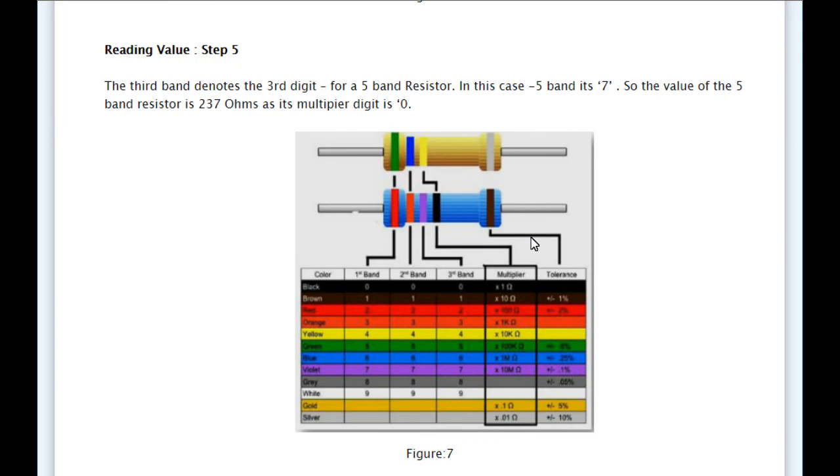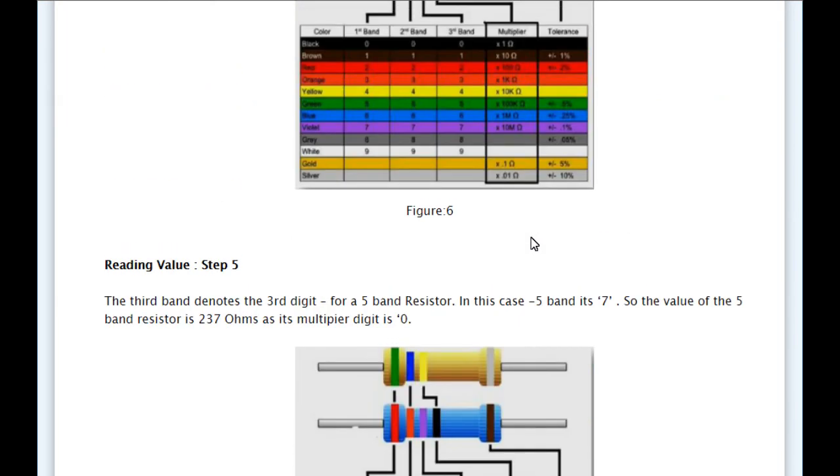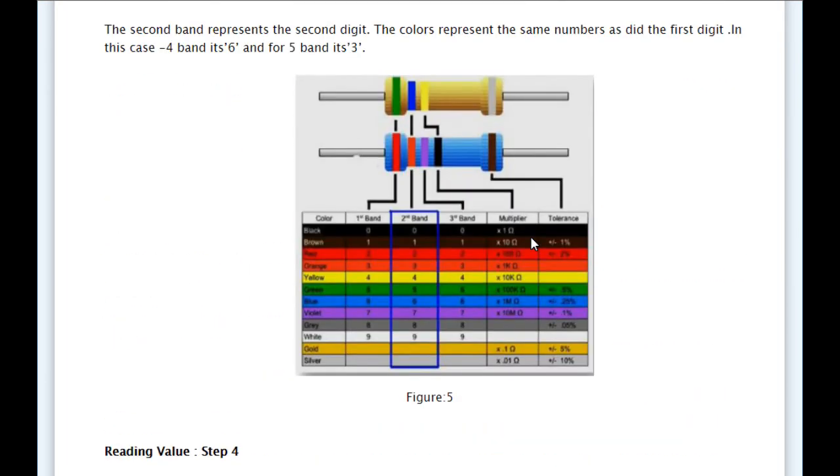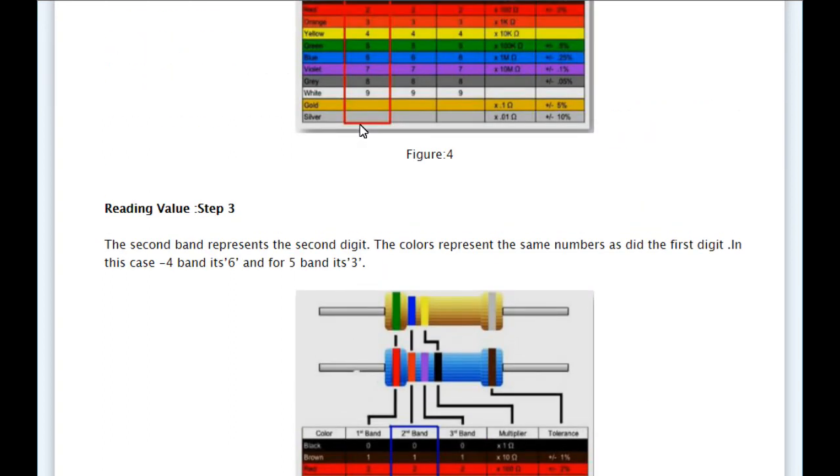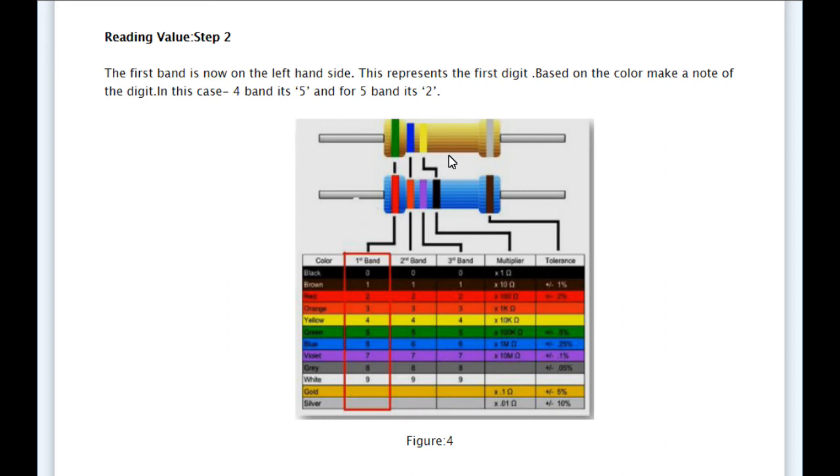Now let me explain how to find a specific ohmic value through this color code. In the topmost resistor with 4 bands, your first band is green. According to the color table, your green value is 5.